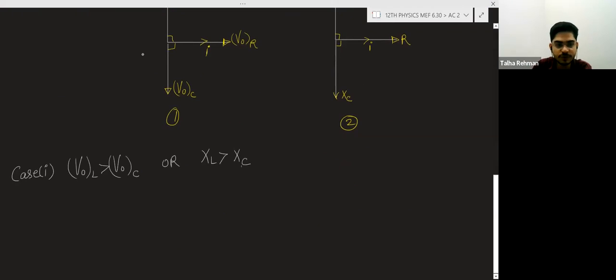How can you say? Because V naught L is given by I naught into XL, which will be greater than I naught into XC. So I naught goes away, and you can write that XL is greater than XC. So this condition and that condition are the same condition.